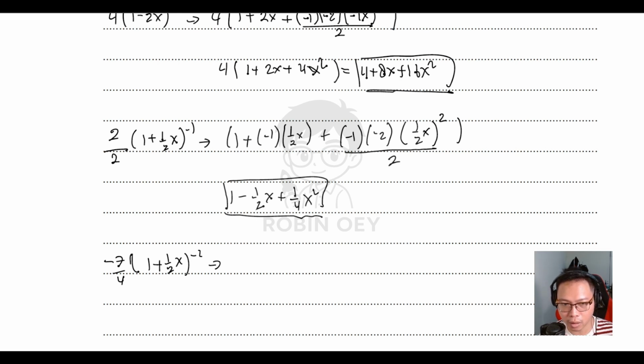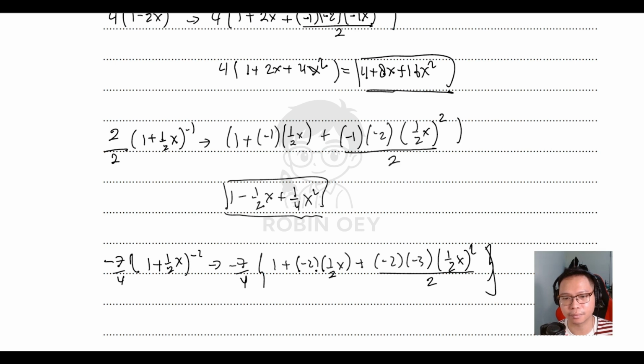So I write down first, -7 over 4, then times 1 plus (-2) times half x, and then plus (-2)(-3) times (half x) squared over 2.